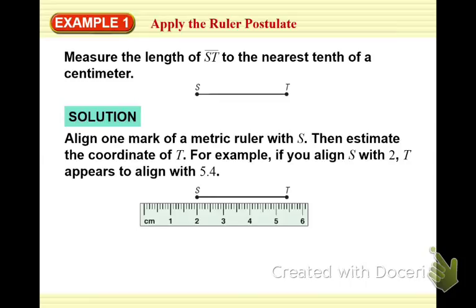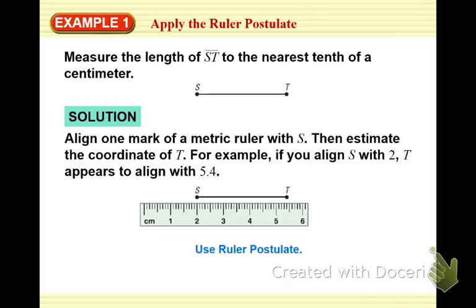But anyway, if you want to find the length of ST, just stick one endpoint on any of the nice marks on the ruler and then just measure it out. So your coordinate for S would be 2, and the coordinate for T would be about 5.4.